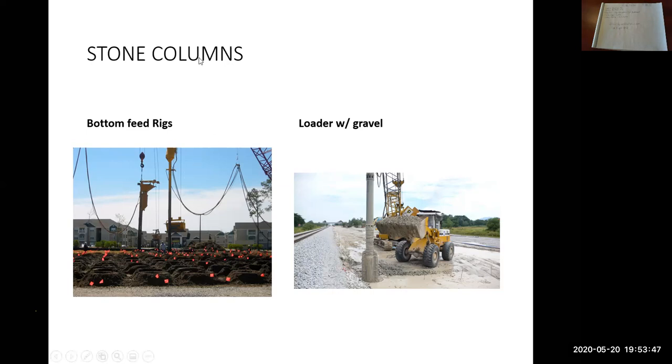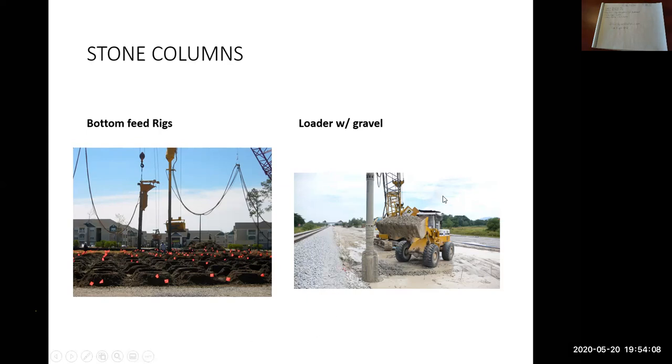Stone columns have two different types of methods. This is the bottom feed. This would be the top feed method. So the wet top feed, and this would be considered the dry bottom feed. Bottom feed meaning the stone is introduced into the column at the bottom of the column, way down in the ground.